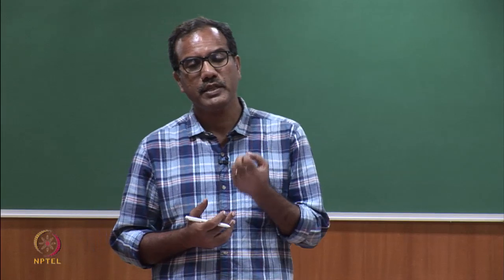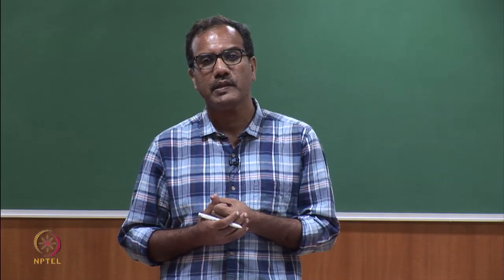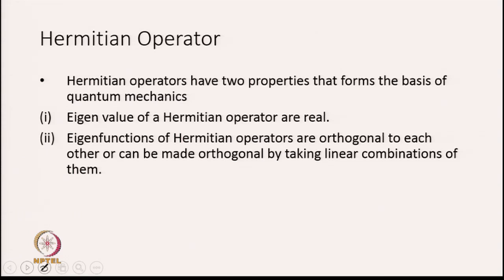So, what is the importance of this Hermitian operator? Hermitian operators are very important because the eigenvalues of a Hermitian operator are real. We will discuss the eigenvalues of the operators in the next postulate.